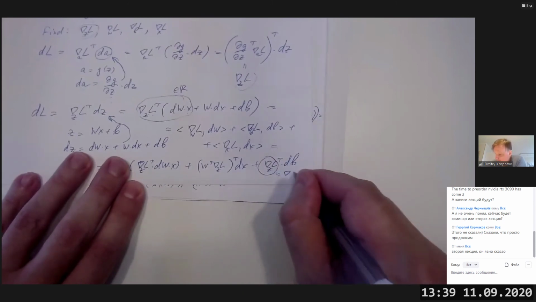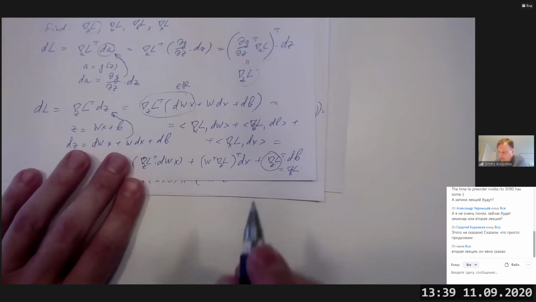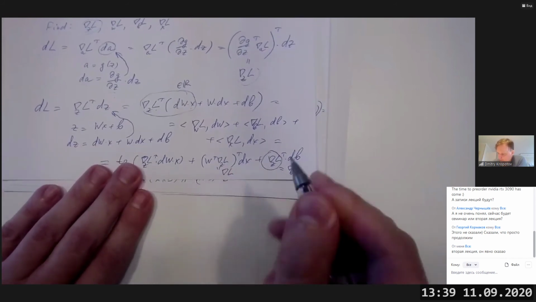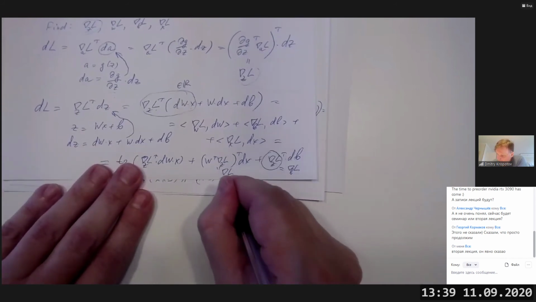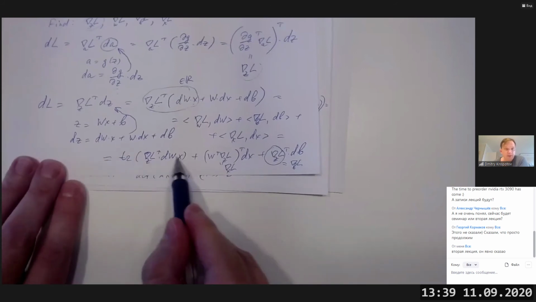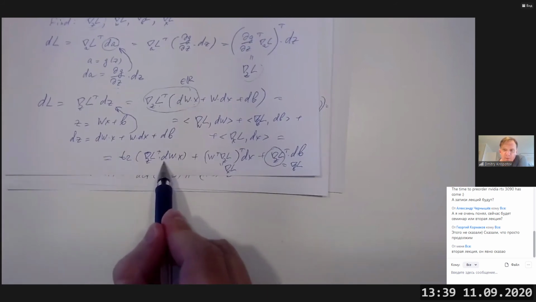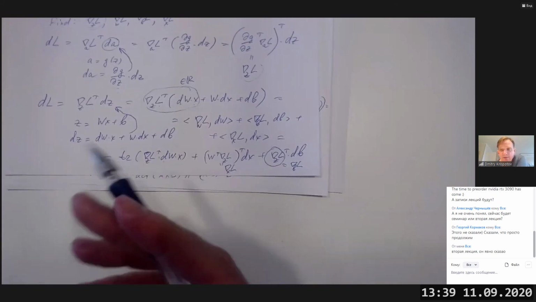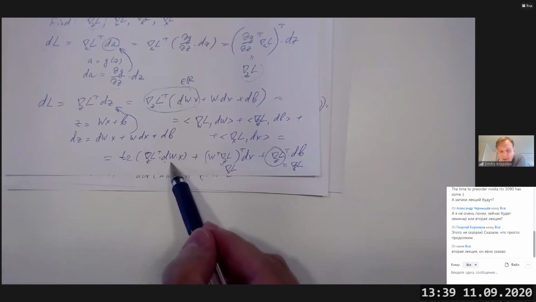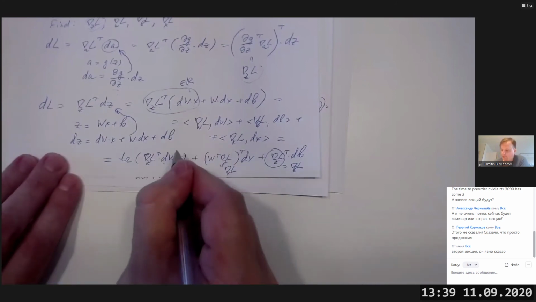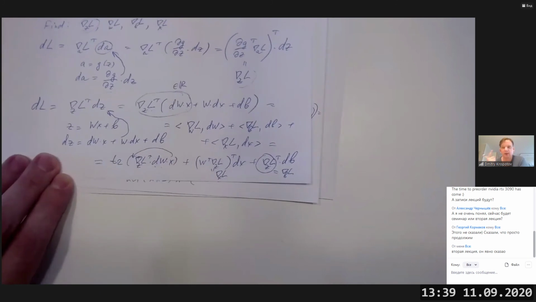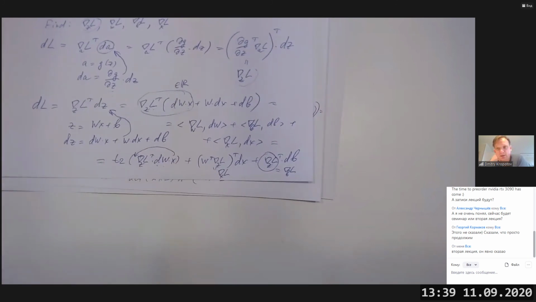the gradient of L with respect to B. This would be the gradient of L with respect to X. And finally, we need to transform this to a canonical form as a trace of some matrix times dW. And this can be easily done since, again, we can shift under the trace the product of a matrix.